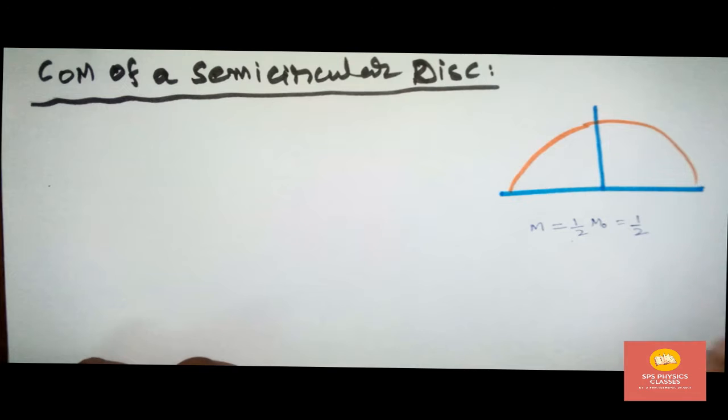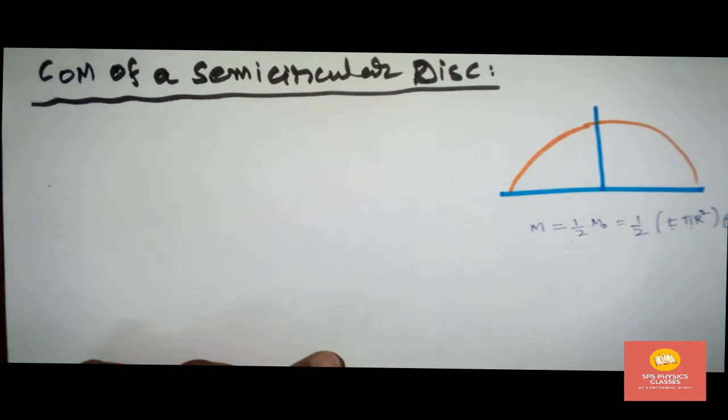The original mass is computed using the formula thickness of the disk into cross-section area pi r square, into, this thickness into area is called volume, into the density of this material, which is rho.